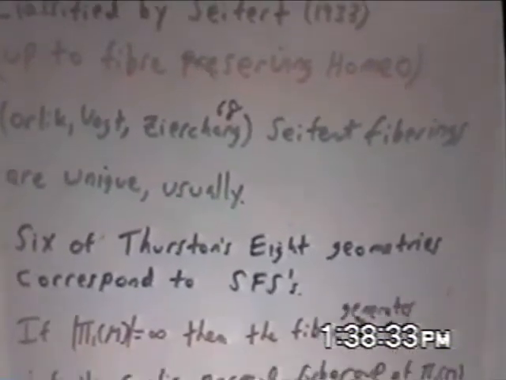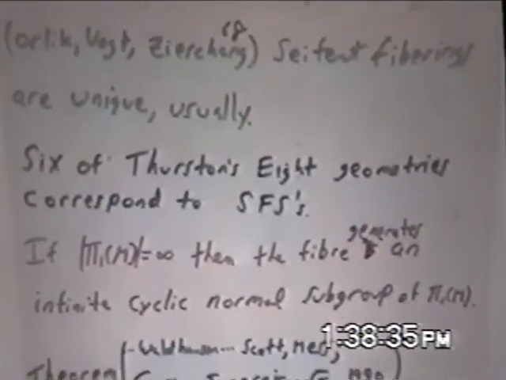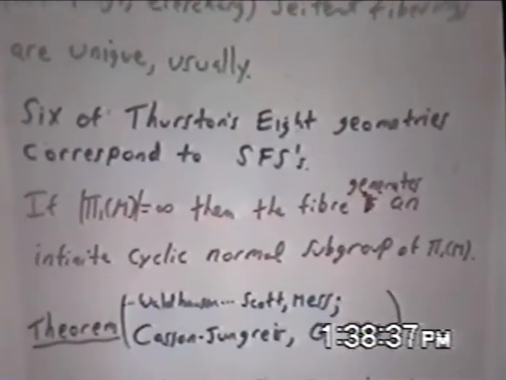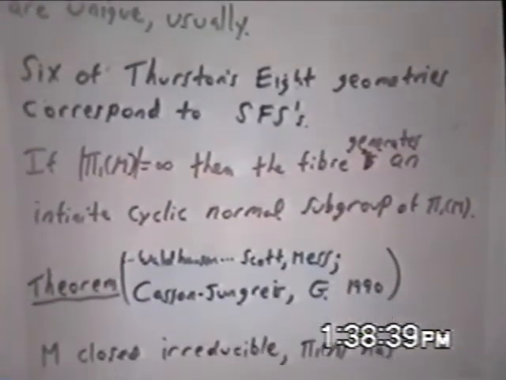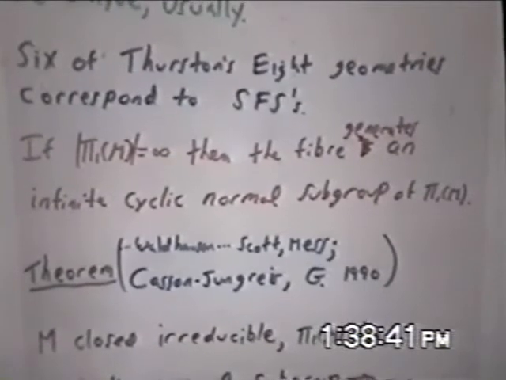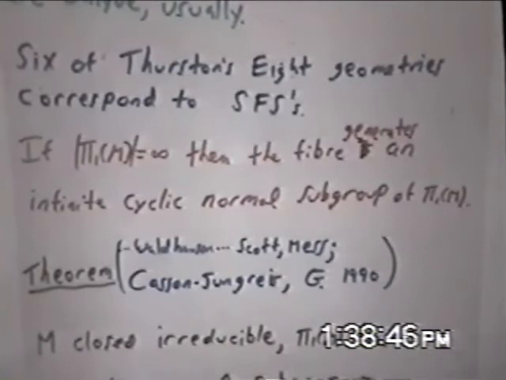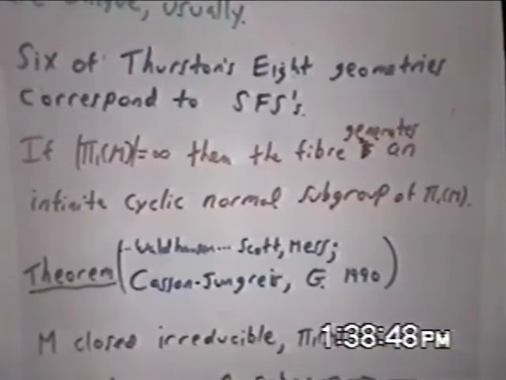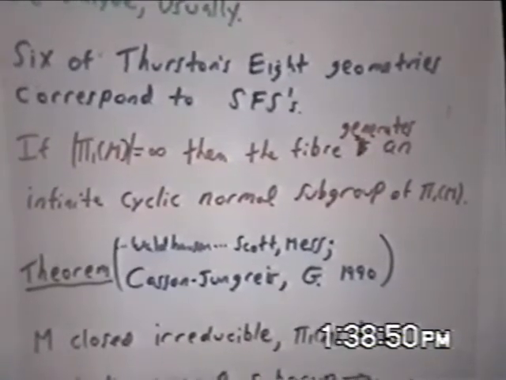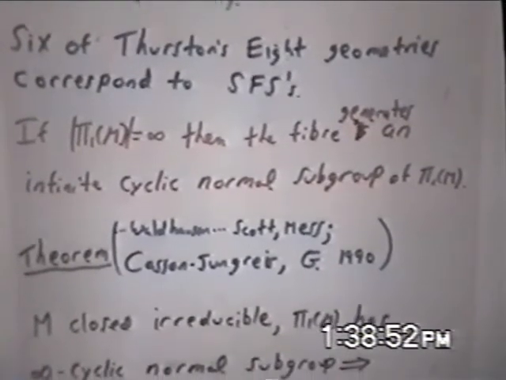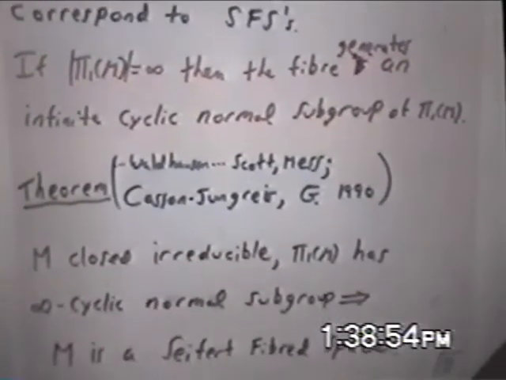Well, let me just throw out a couple other facts about these Seifert fibered spaces. Thurston has the conjectural picture of the 8 geometries on certain 3-manifolds after they've been reduced in certain ways. And these Seifert fibered guys appear as 6 of the 8 geometries.